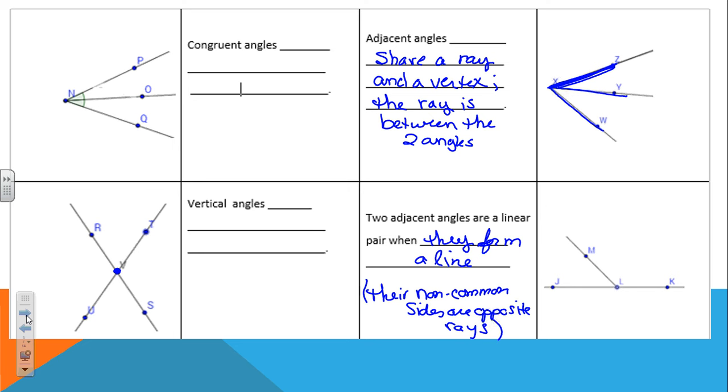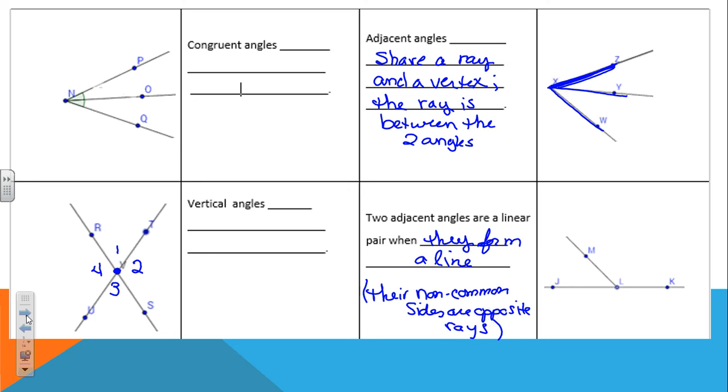Okay. So let's number our angles here. Let's put a 1 here, a 2 here, a 3, and then a 4. So we've got 1, 2, 3, 4. What angle is vertical with angle 1? 3. Why? Opposite side, only shares a vertex.